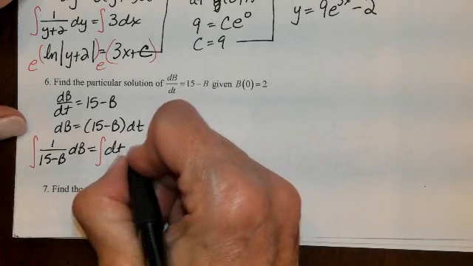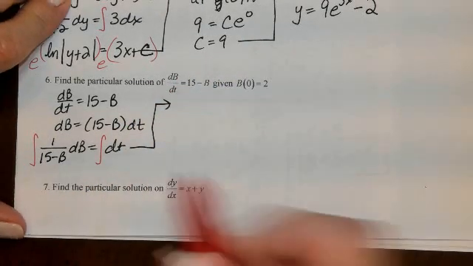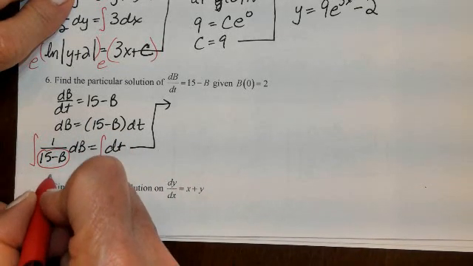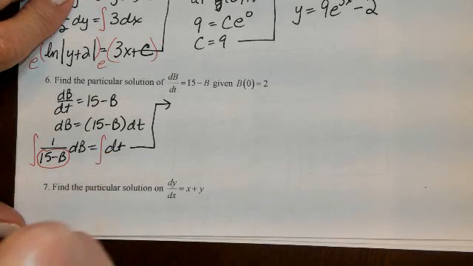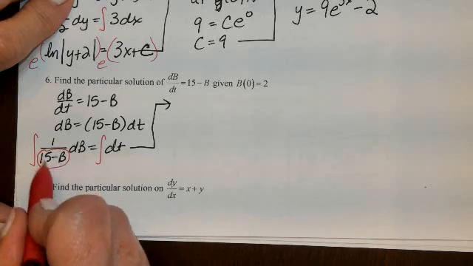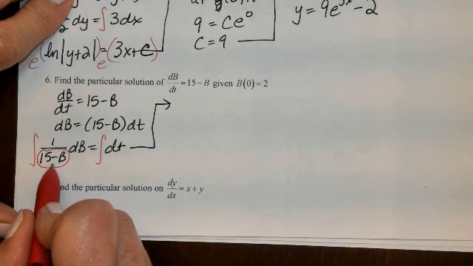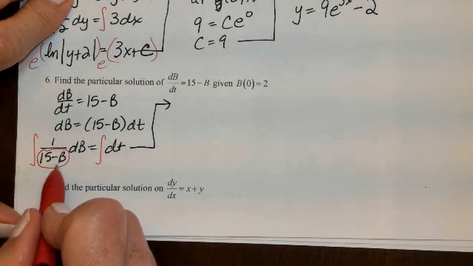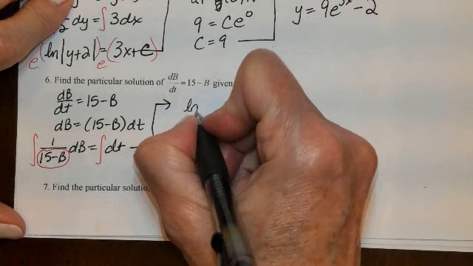What is the integral of that left-hand side? What's the antiderivative? Here's my thought process. If I let that be u, u prime will be a -1. So this is a natural log. If you take the derivative of the bottom and there's still a variable in it, it is not a natural log. But if you take the derivative of the bottom and you get just a constant, it is a natural log.